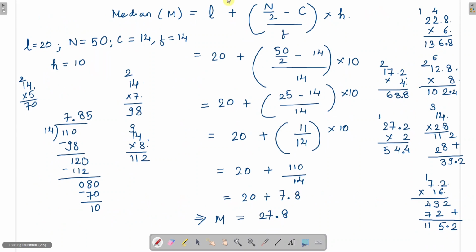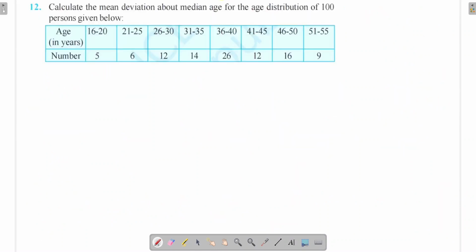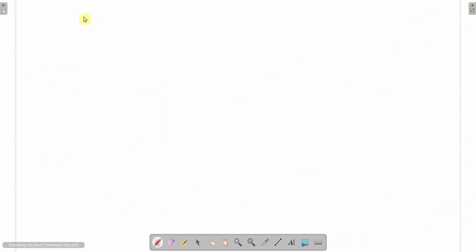So now we can find out the mean deviation about the median. So we will find this.